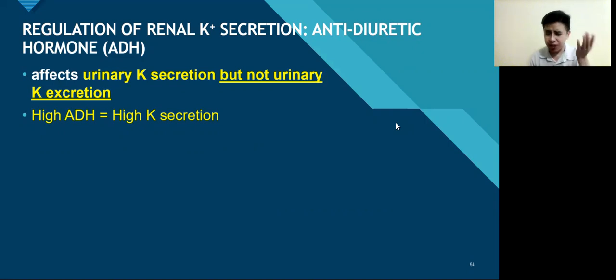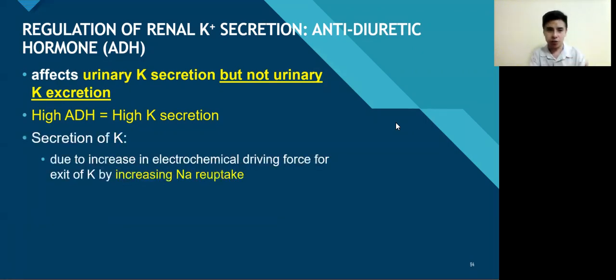Remember, secretion and excretion are not the same thing. Secretion is to secrete. Excretion is where you already find it in the ureter, in the bladder, in the toilet bowl. So ADH enhances secretion, but it doesn't mean it will enhance excretion of your potassium, unlike hyperkalemia and aldosterone.